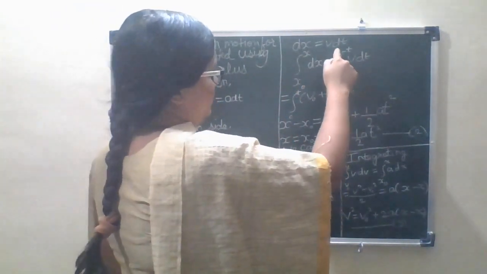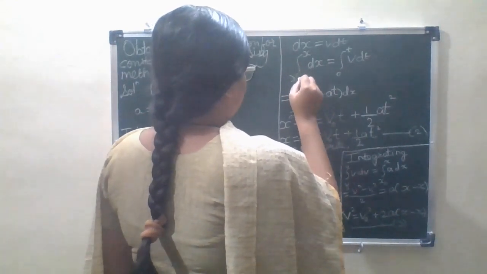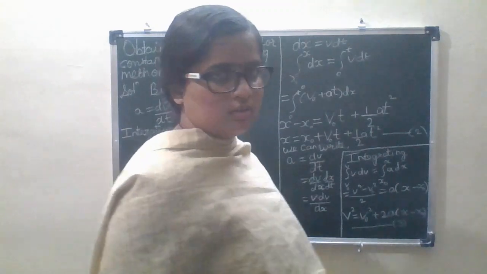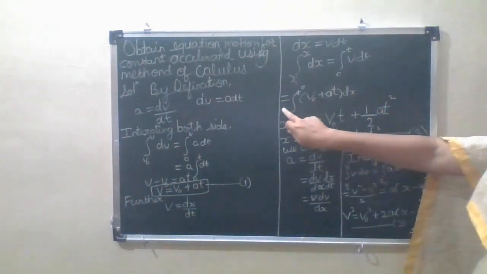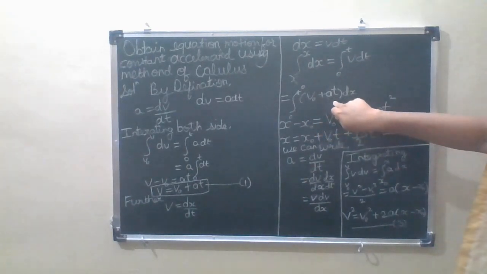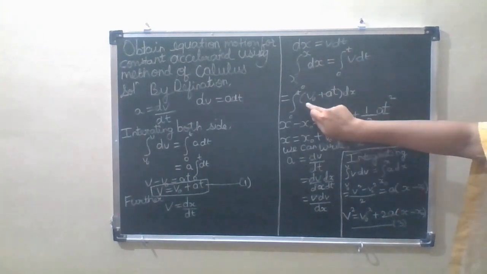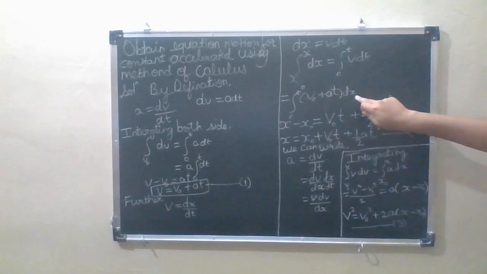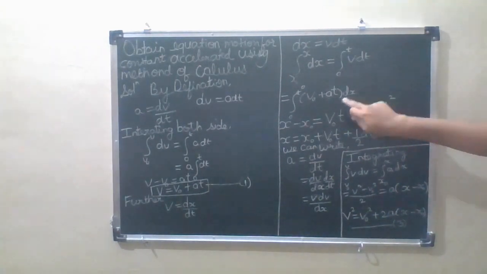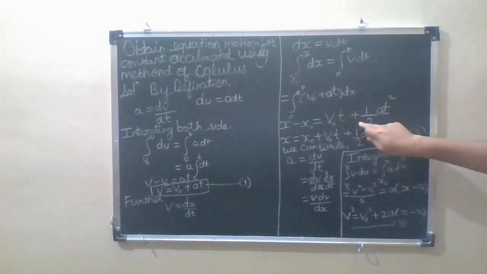Then dx is equal to v dt. Integrating dx from x0 to x is equal to the integral of v dt over 0 to t, where v is v0 plus at. Then x minus x0 is equal to v0 t plus 1 by 2 at square.